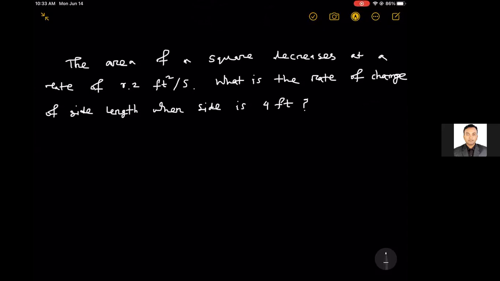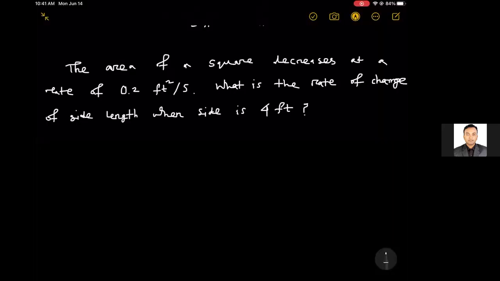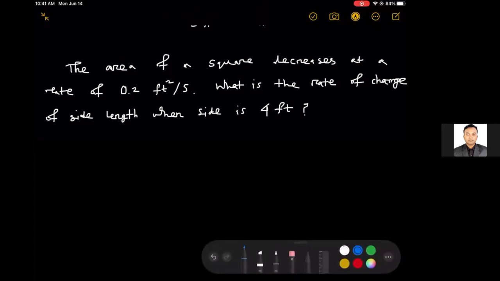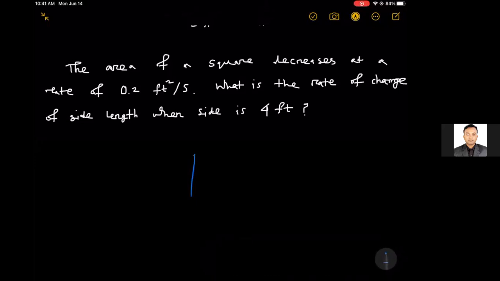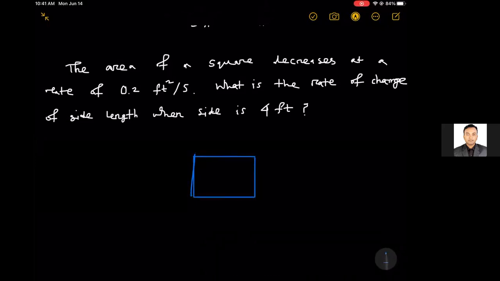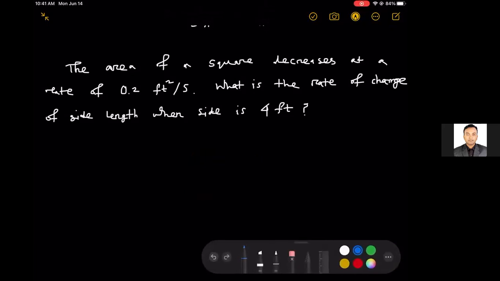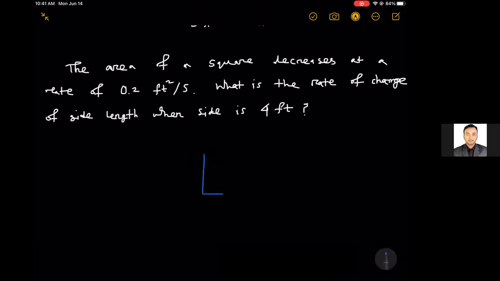And for that, I'll once again create a breakout room. So first of all, the area of a square is decreasing. So straight away, you can imagine we're looking for a square, right? It doesn't look like a square though. Let me try it again. Okay, yeah, definitely. Now it looks like a square.